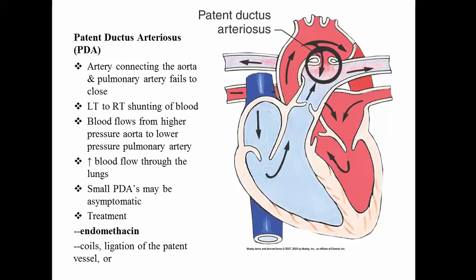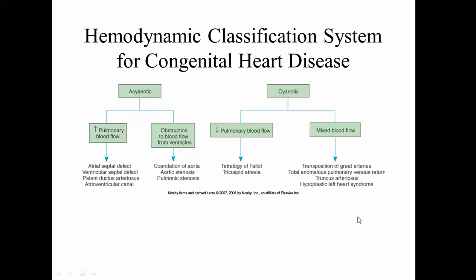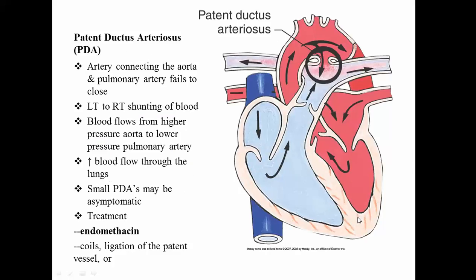So a PDA is a common congenital defect that is caused by persistent fetal circulation. What happens is that the artery connecting the aorta and the pulmonary artery doesn't close within the first week of life.